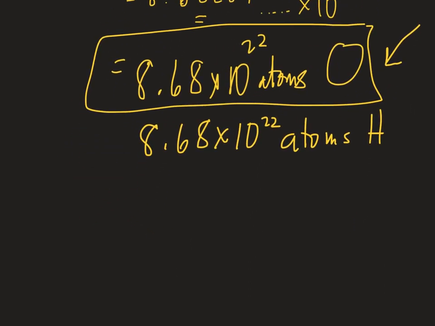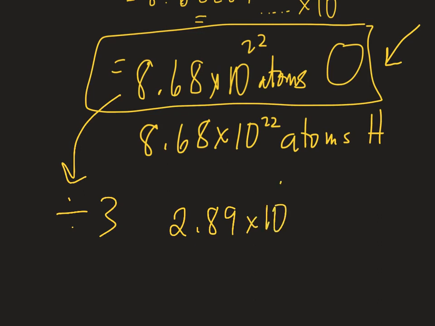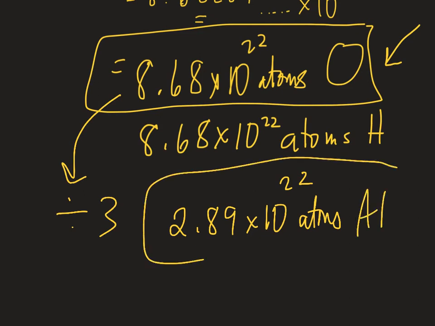So 8.68 times 10 to the 22nd divided by 3 is 2.89 times 10 to the 22nd atoms of aluminum.